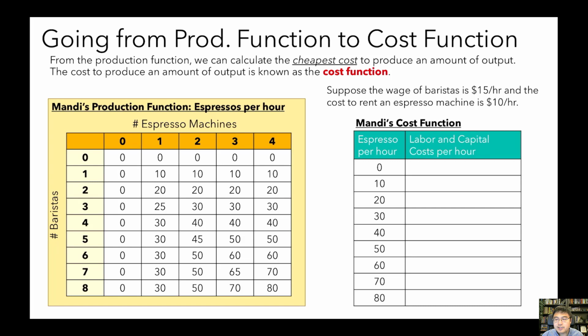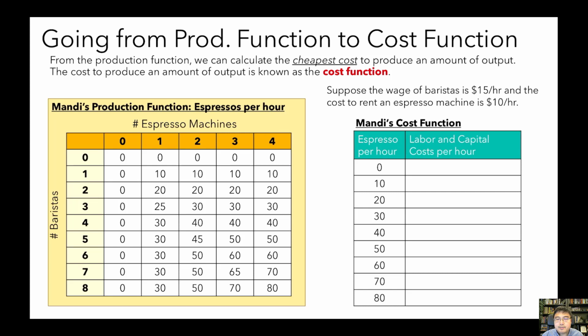So we can ask a question like, let's say Mandy wants to make 30 espressos per hour. What's the cheapest cost for her to make 30 espressos per hour in terms of how many baristas to hire and how many espresso machines to rent, okay?